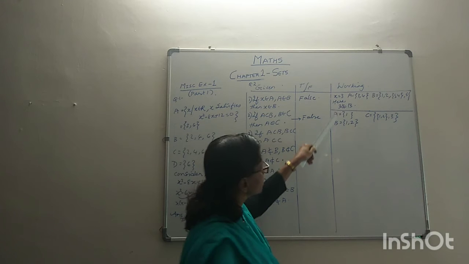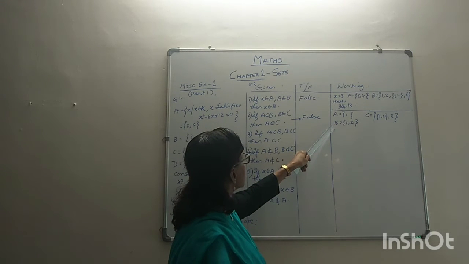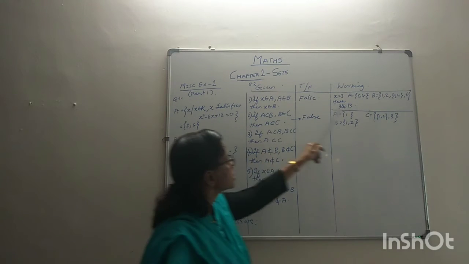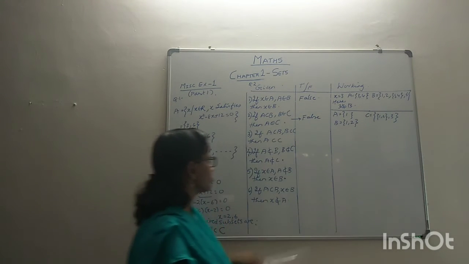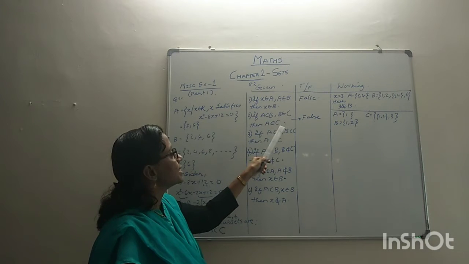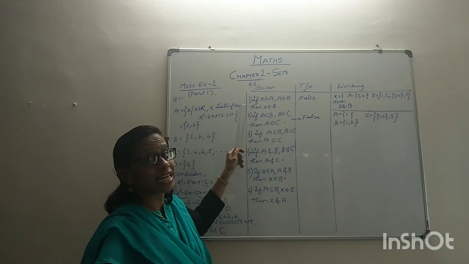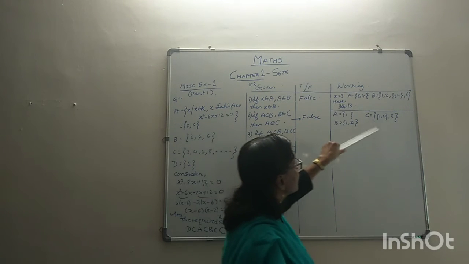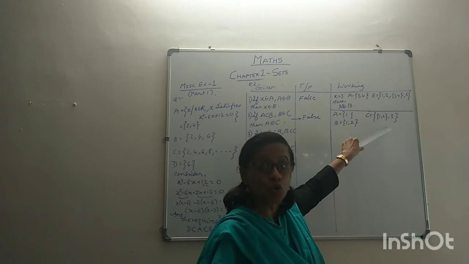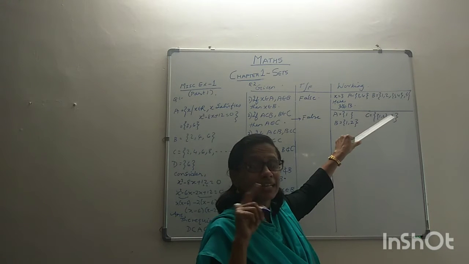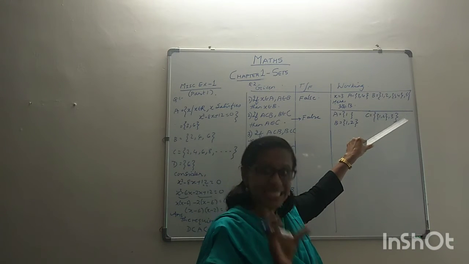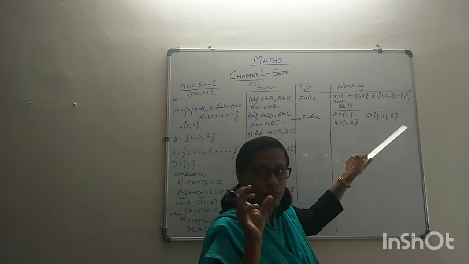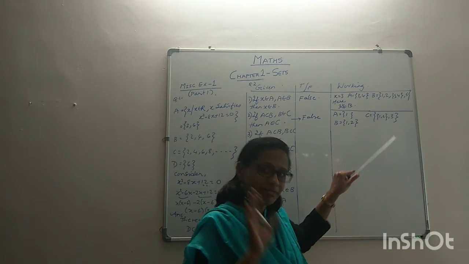So it is satisfying everything. A is a subset of B? Yes. And B is there inside C? That is also correct. Then they are asking whether A is there inside C, the set A, whether it is there inside the set C. No. We find that the set {1, 2} as a set is there inside C, but the set A, that means singleton {1}, is not there in C. So that is why it's a false statement.